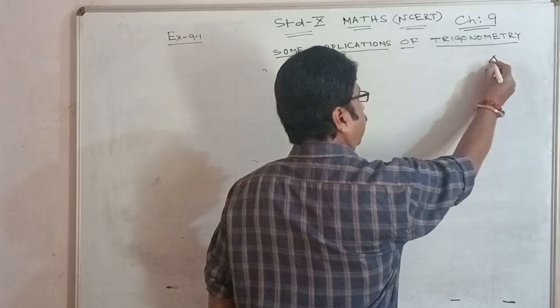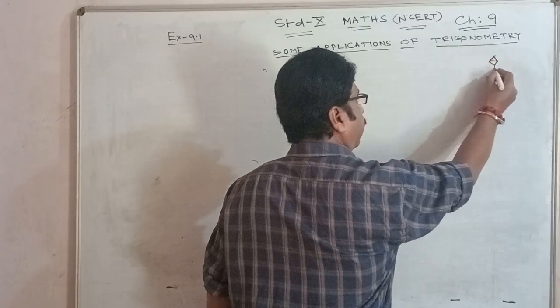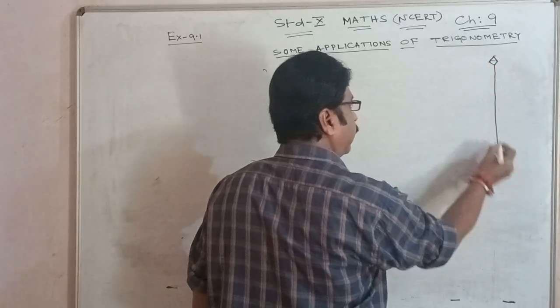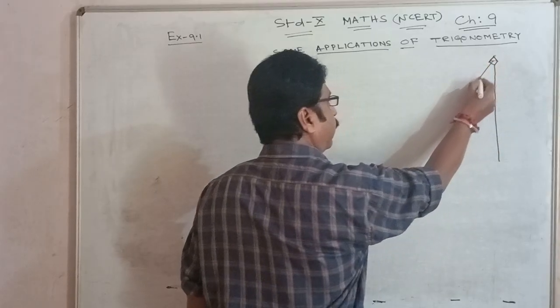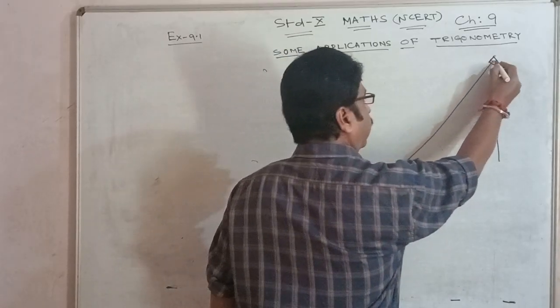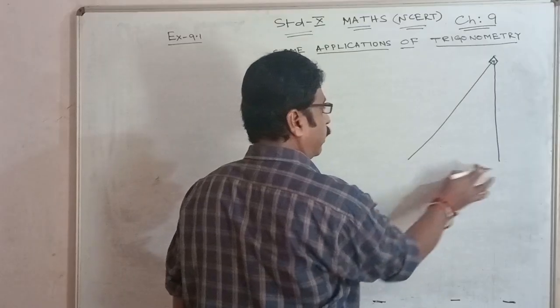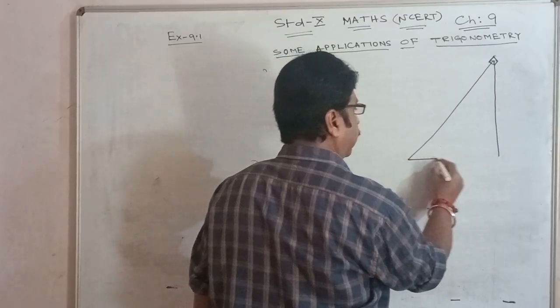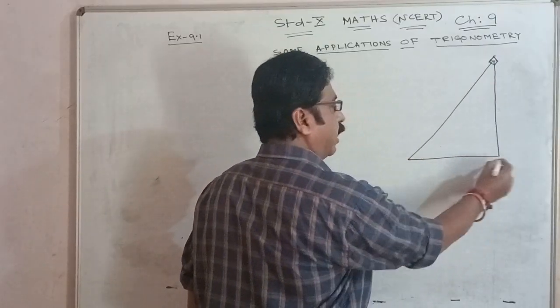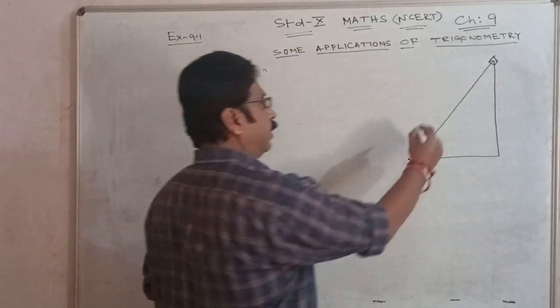Suppose this is the kite. It is the ground level. This is the string.